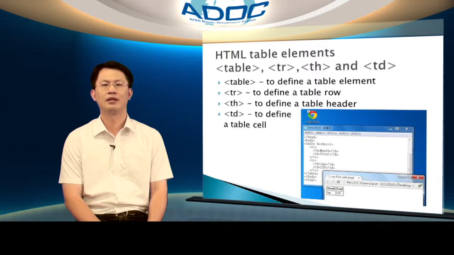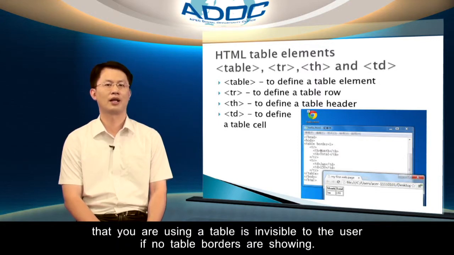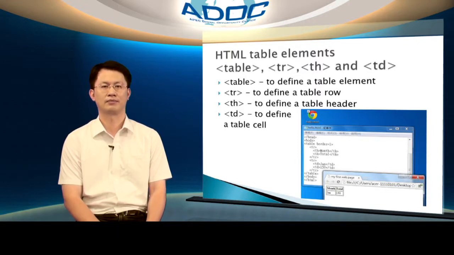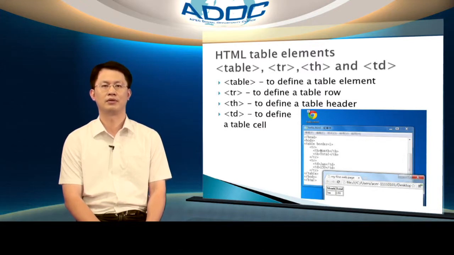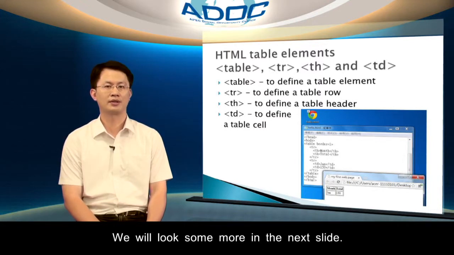The fact that you are using a table is invisible to the user if no table borders are showing. And there are still some other attributes we can use to customize our table. We will look at some more in the next slide.